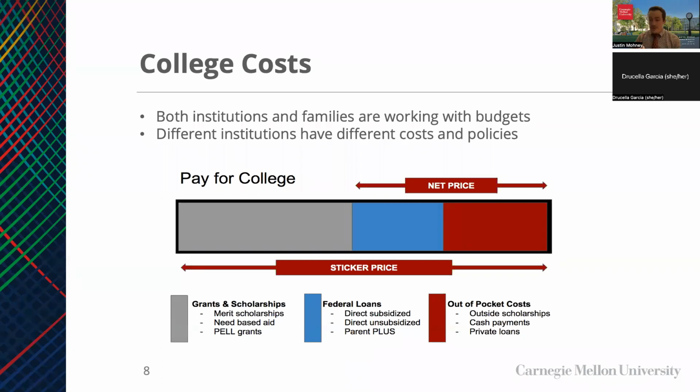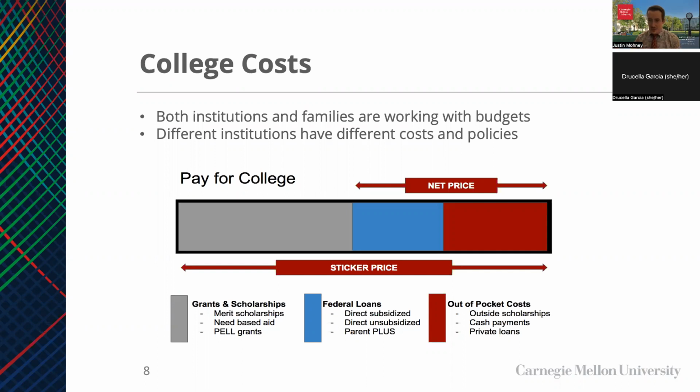What you don't want to do is make a decision on where to apply based on that sticker price. Take advantage of opportunities to complete things like a net price calculator to get an estimate of what your aid eligibility would look like, because things like grants and scholarships come directly off that cost of attendance.